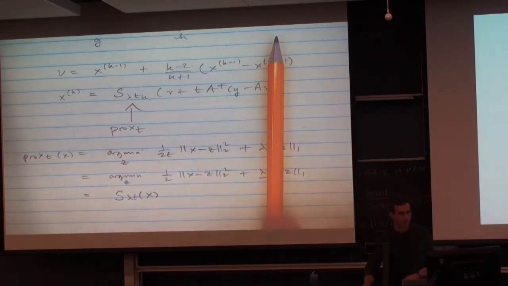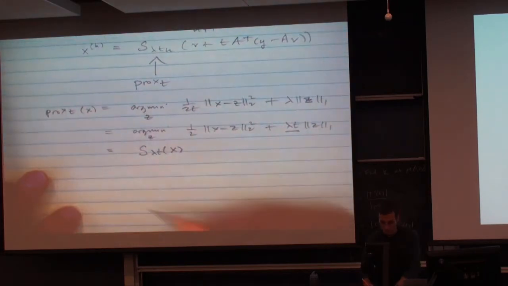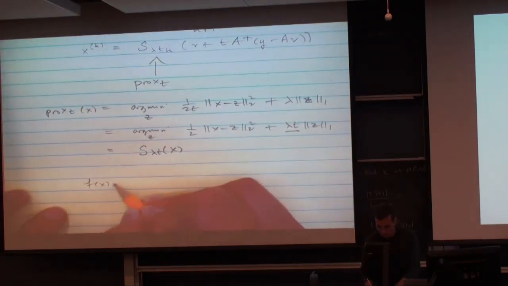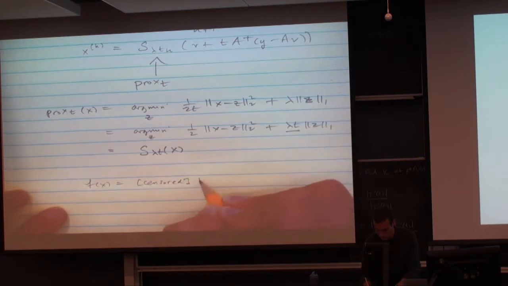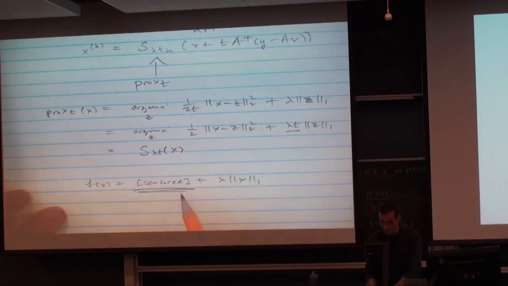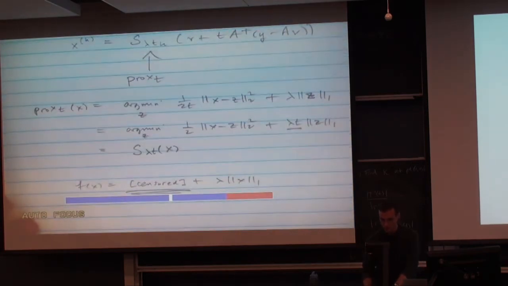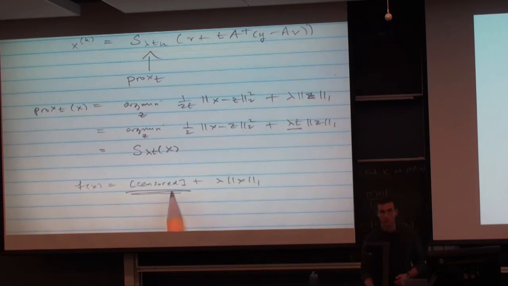So I took the function now to be f of x equals, I'll write it again, plus lambda times the L1 norm. And you're going to figure out what that should be on your homework. But I took the logistic regression log likelihood, or actually the negative log likelihood, and I added an L1 penalty to it, and I solved that problem 100 times with ISTA and with FISTA. Okay, and the difference in implementing these two is really not any different, right?